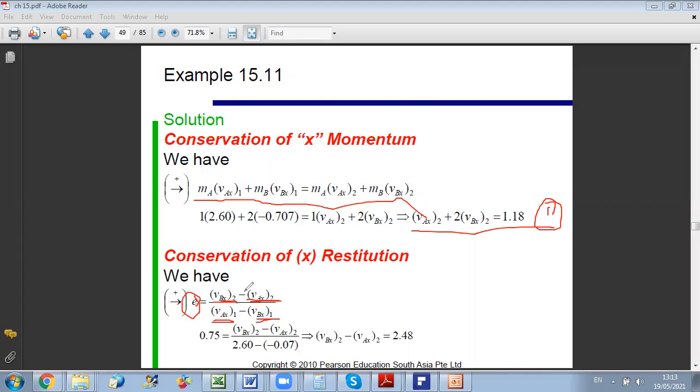No. In the restitution coefficient we put the algebraic value of the projection on the line of impact. So we cannot put VB magnitude at state 2 minus VA magnitude at state 2. It's wrong. We must take the component of projection on the line of impact. So replacing VAX1 and VBX1 by their values, we get relation number 2 between VAX2 and VBX2. So we end up with a system of two equations with two unknowns that can be solved.